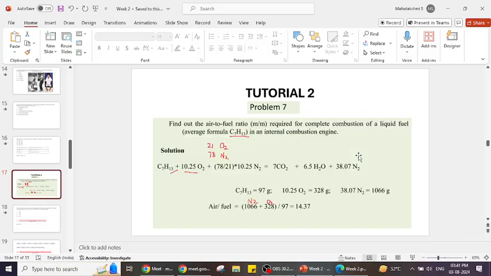The molecular formula is C6H13. In a similar way, we have to add O2. The reactants will be a hydrocarbon, oxygen, and nitrogen, and the products will be carbon dioxide, H2O, and nitrogen.